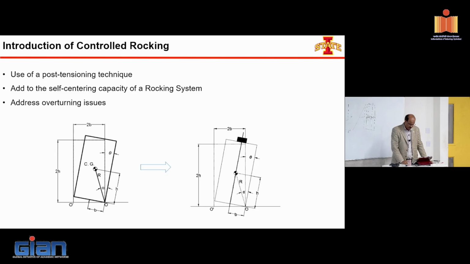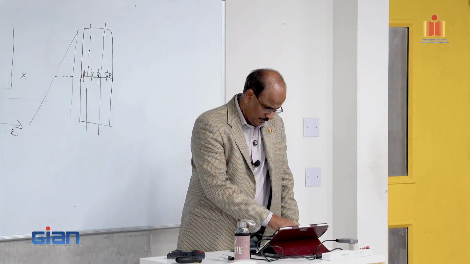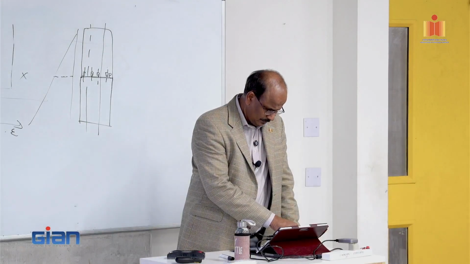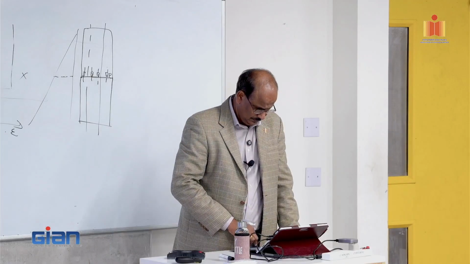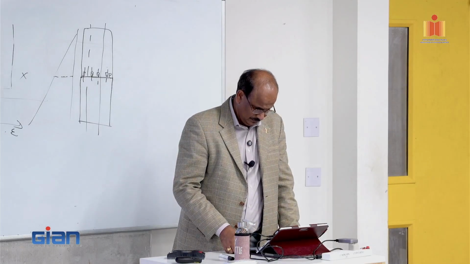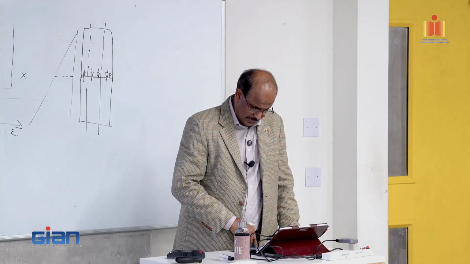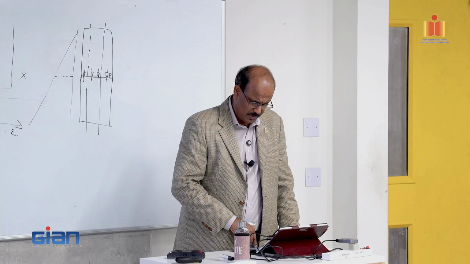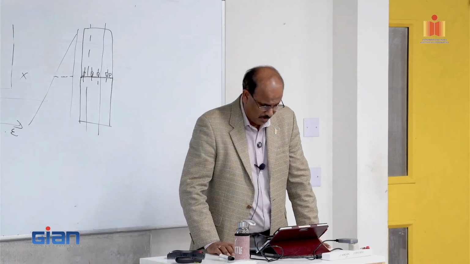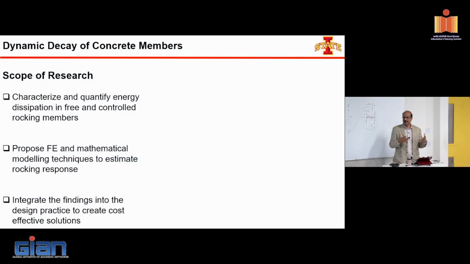The point that I wanted to emphasize here is, briefly, let me see what slide I want to go to. We wanted to quantify, because when you do a finite element or some kind of analytical model, you are not able to incorporate this damping, and if you don't incorporate it, you're not getting the results accurately.